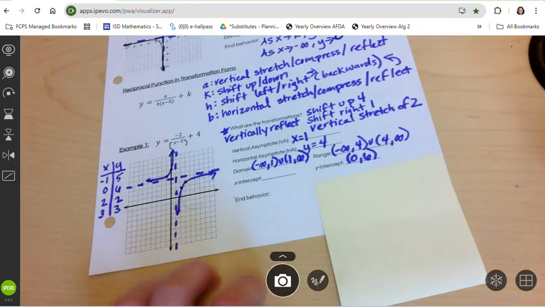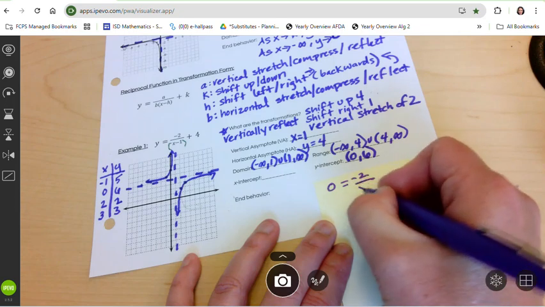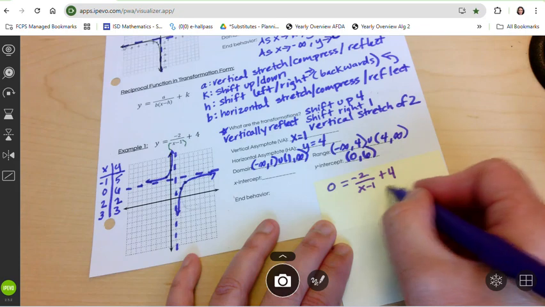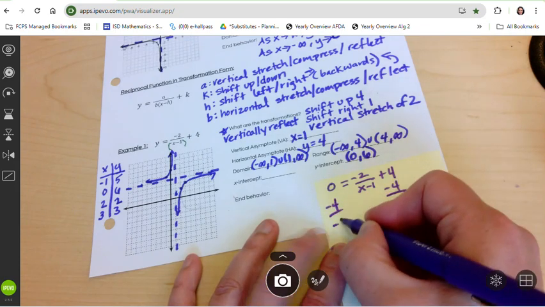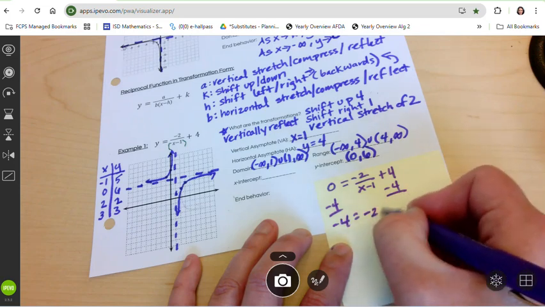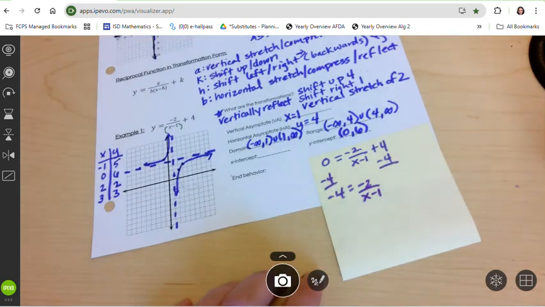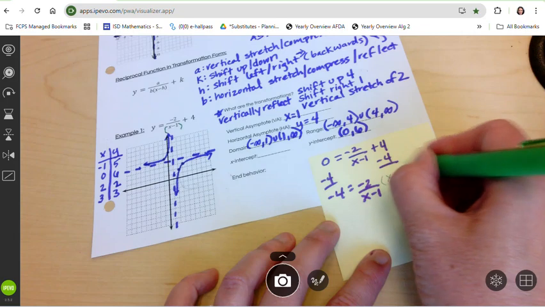For your x-intercept, you make y equal to what? 0, yeah. So it would be 0 equals -2 over x minus 1 plus 4. And then you subtract the 4. My goodness. And then to get your x minus 1 out of the denominator, you can multiply by x minus 1 on both sides.